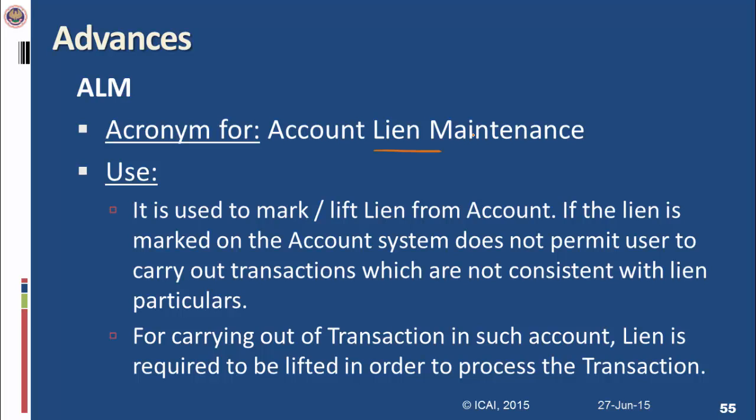So for cases of OD against FD or loan against FD, we need to ensure that lien is marked on the FD account in the system. Physical verification will anyway be checked, but marking of lien in the system is a very important part.